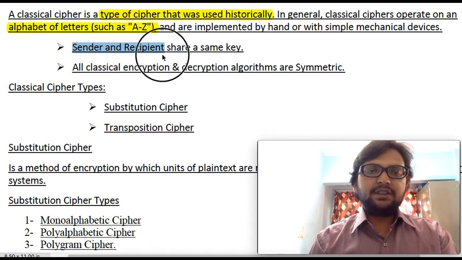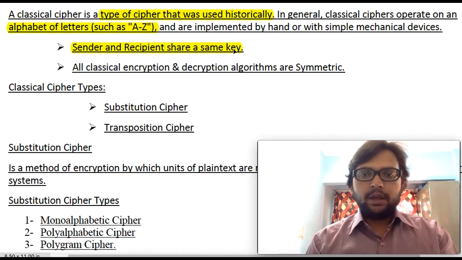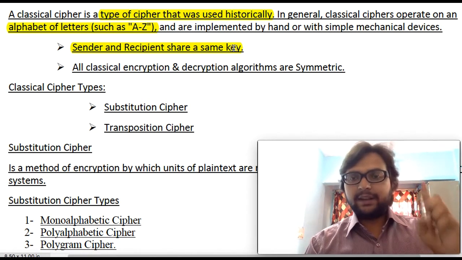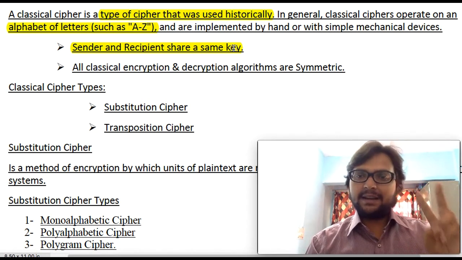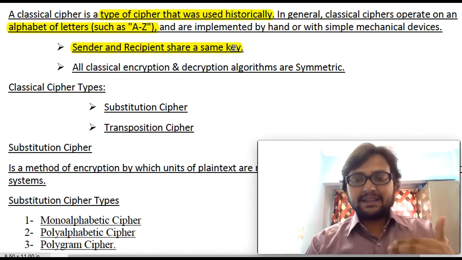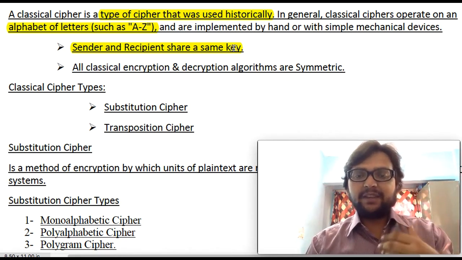Sender and receiver share the same key. So we have two types of cryptographic pattern, symmetric and asymmetric. In symmetric, we use the same key for encryption as well as for decryption. And in asymmetric, we use two different keys: the receiver's public key for encryption, and the receiver himself uses his private key for decryption.